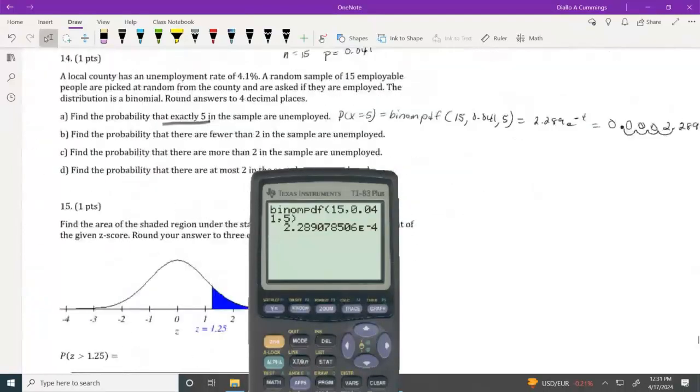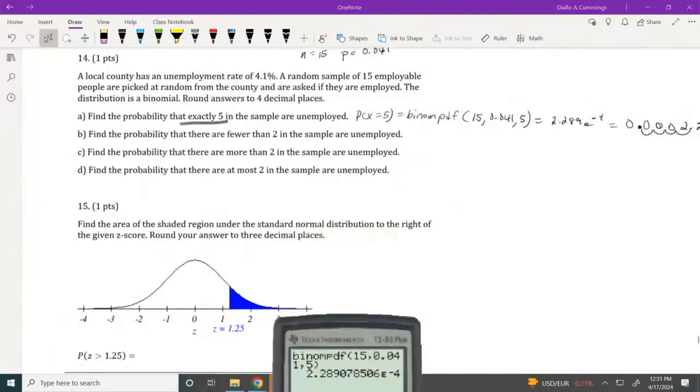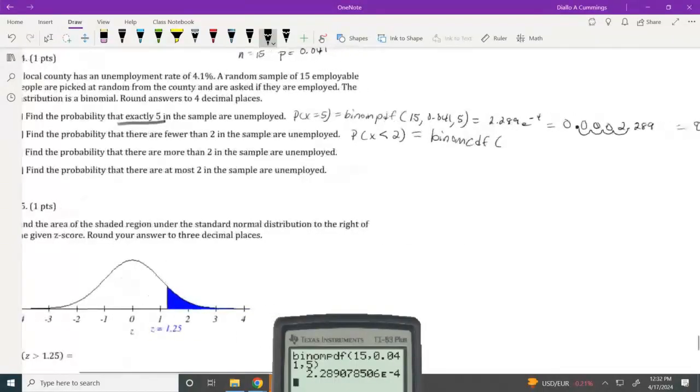Okay. So now B says find the probability that there are fewer than 2 in the sample. So that's going to be the probability that X is less than 2, right? So in the calculator, you want the binomial CDF for 15, 0.041, 1.